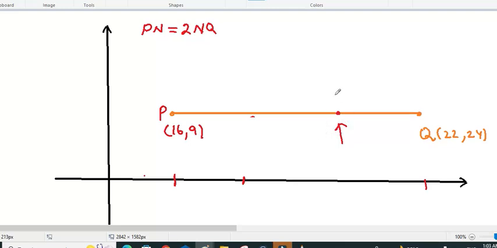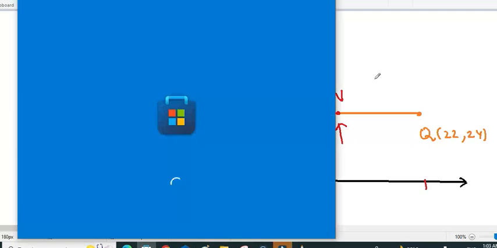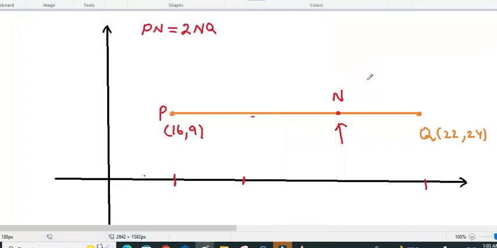This point N is over here, okay? And why am I making it over here? Because the distance between P and N, that is this distance, is equal to 2 times NQ. That is, the distance from here to here, if this distance is 2, this distance is 4. If this distance is 3, this distance is 6.